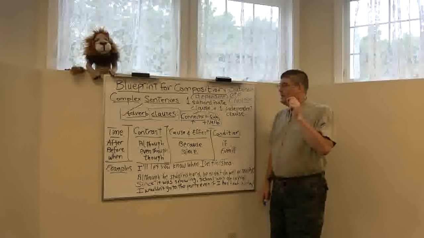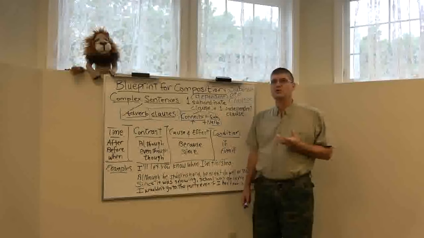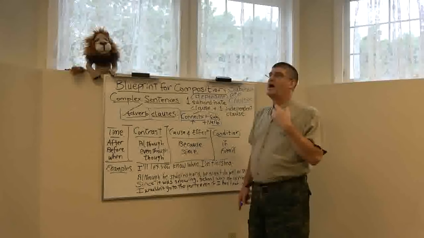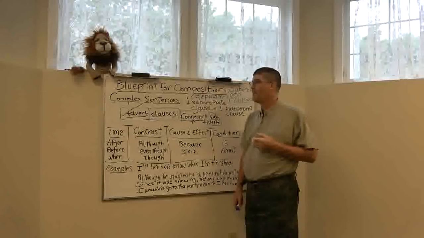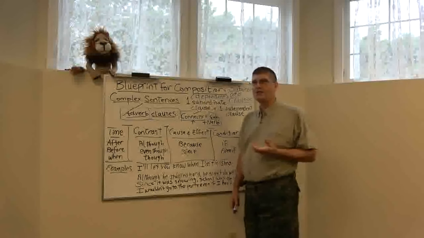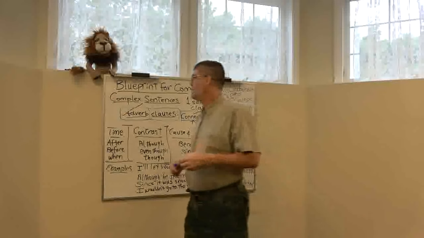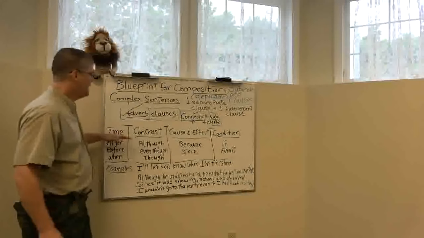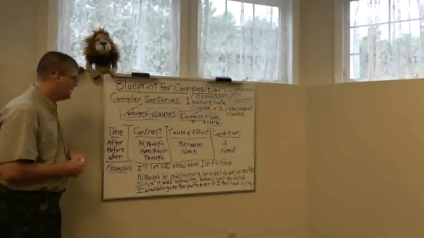In this case, what types of conjunctions can be used to begin adverb clauses? Well, adverb clauses show relationships of ideas, as we expressed in the previous video. So what kind of ideas can be shown by adverb clauses? What kind of relationships of ideas? On the board here, you will notice I have four types of adverb clause connectors.